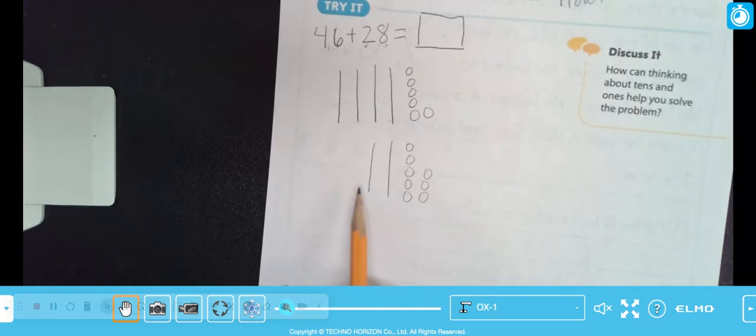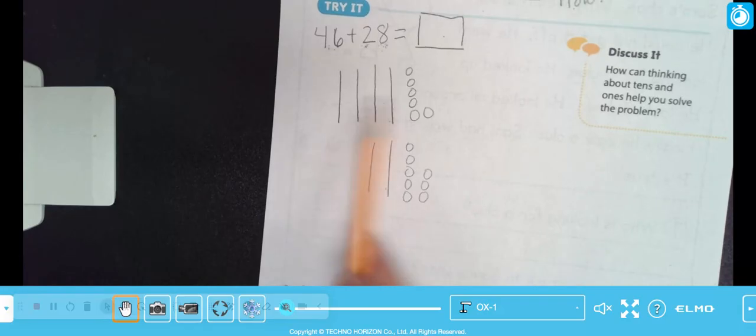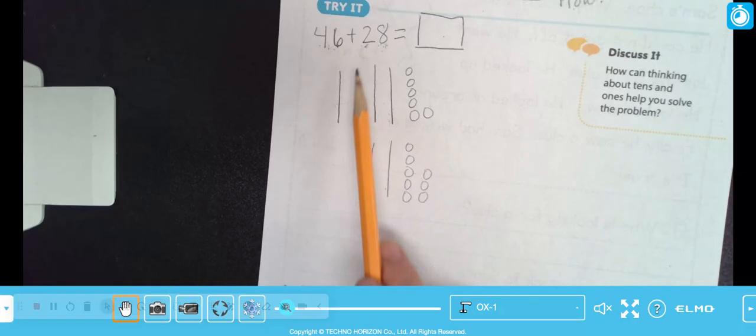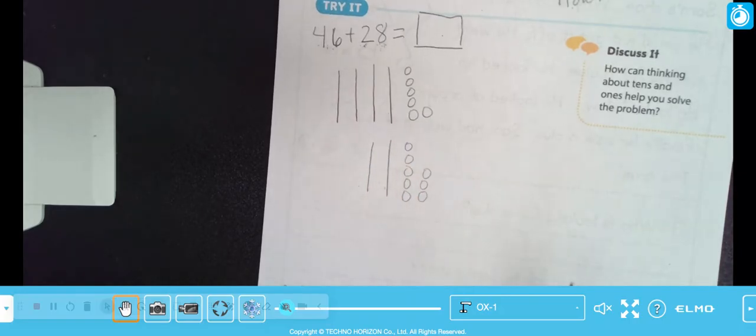So go ahead and draw your 2 tens and your 8 ones for the 28. Not this part up here. This is 46. Down here you're going to do 28. Hopefully you finished drawing 46, 4 tens, 6 ones, and 28, 2 tens, 8 ones. If you have not finished, pause the video and do it now.